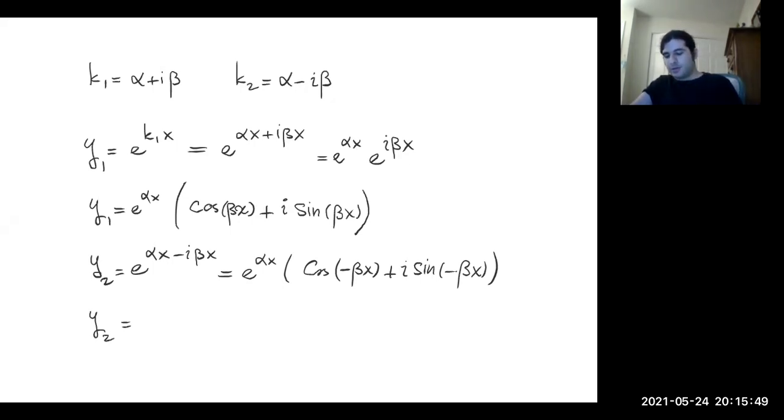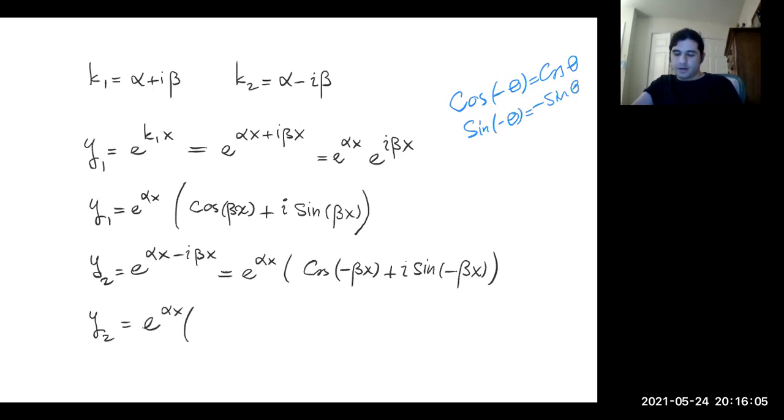So you remember these relations: cosine of minus theta is equal to cosine of theta, and sine of minus theta is minus sine of theta. So knowing that, this is equal to cosine of beta x minus I sine of beta x.